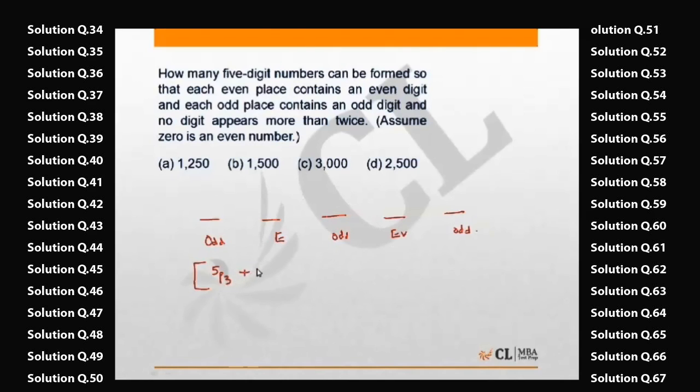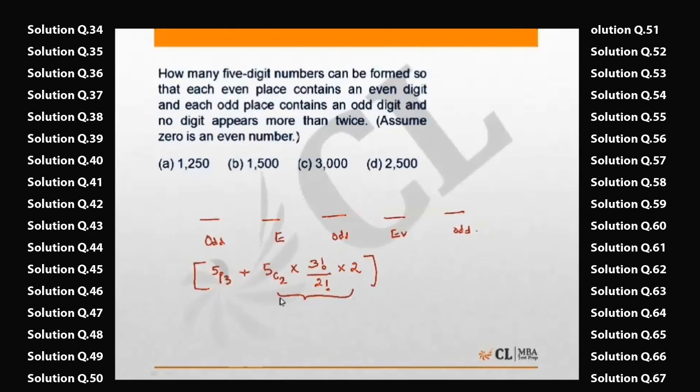Now suppose we take 2 of the numbers that are identical. So to choose 2 distinct numbers, there are 5C2 ways, and then these numbers can be arranged in 3 factorial by 2 factorial ways into 2 such cases.